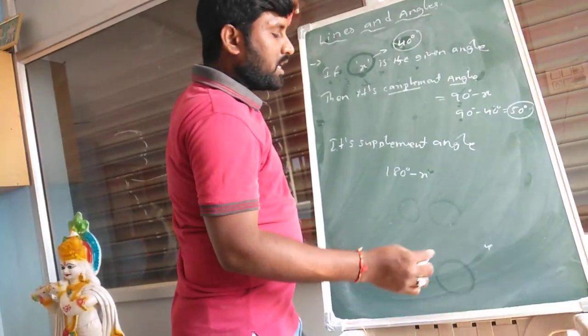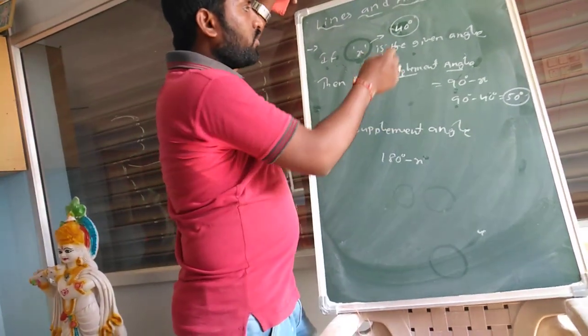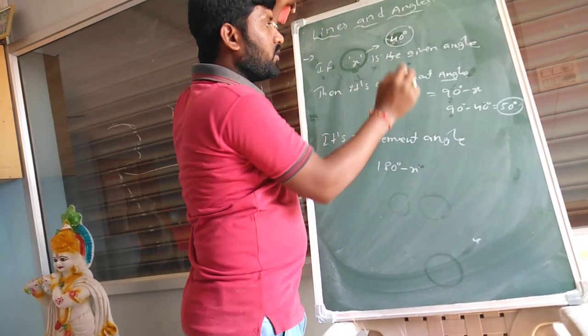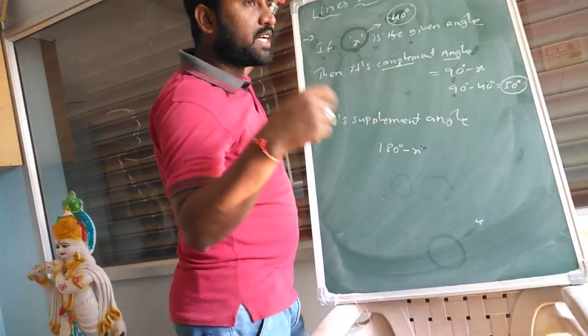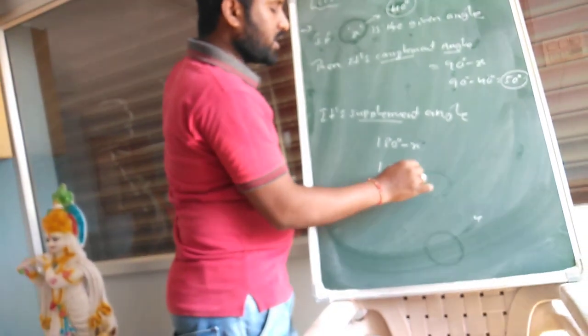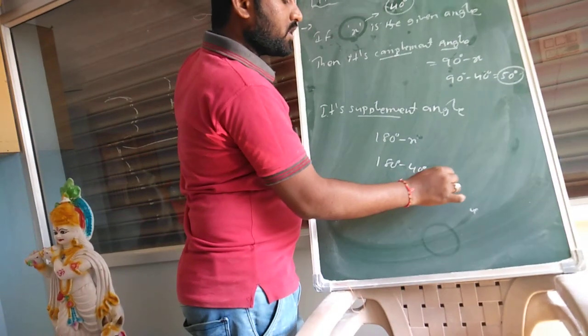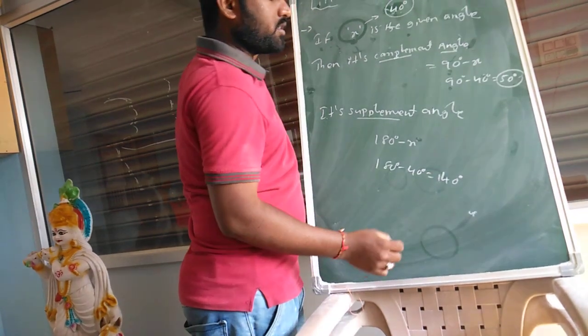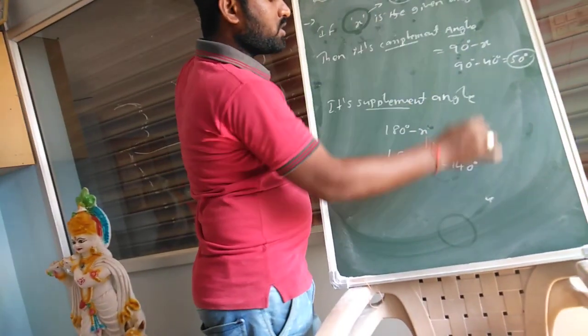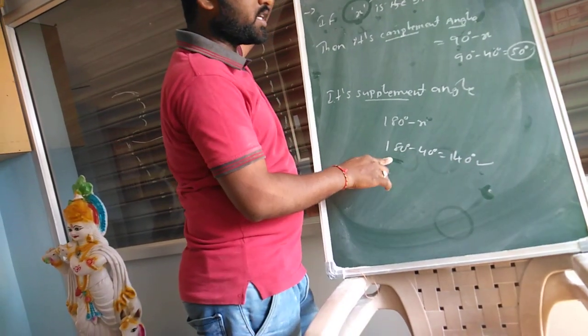Next, for the same angle, the supplement angle is 180 minus 40 degrees, which is 140 degrees. So 140 plus 40 is equal to 180 degrees.